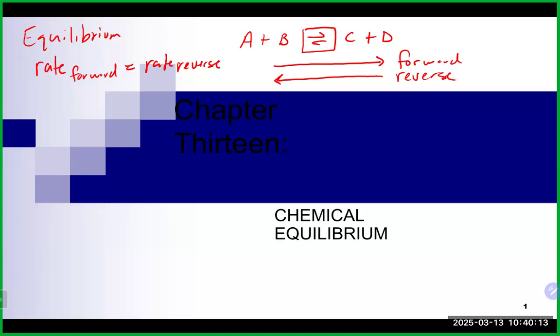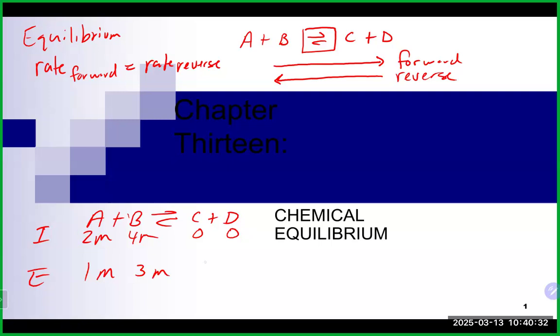So what that means is, if we started initially with, like, 2 molar of this one and 4 molar of this one and nothing else, and we end up at equilibrium with maybe 1 molar of this one, 3 molar of this one, 2 molar of that one, and 4 molar of that one, once it reaches equilibrium, those concentrations for everybody will always be those numbers.